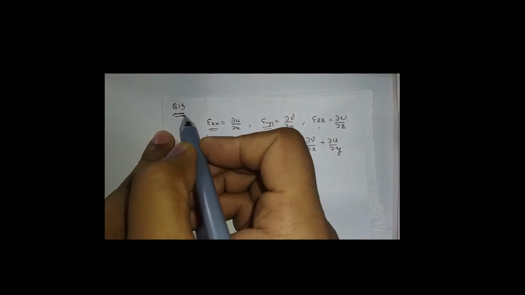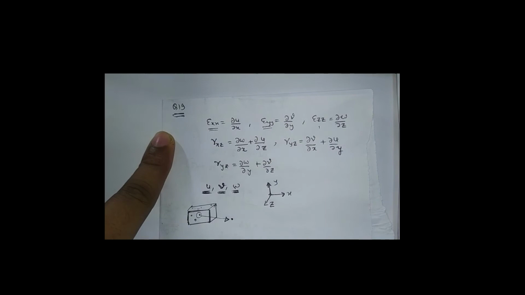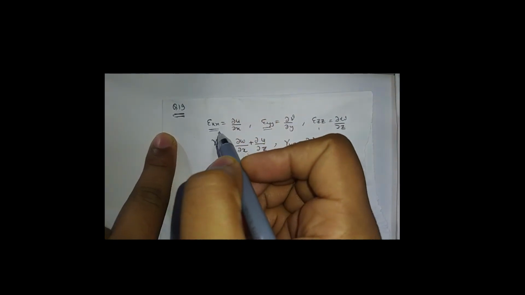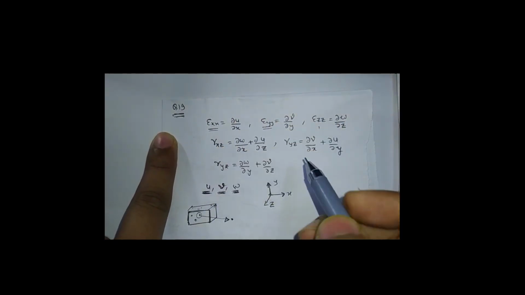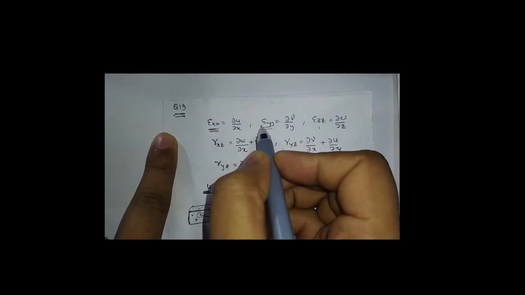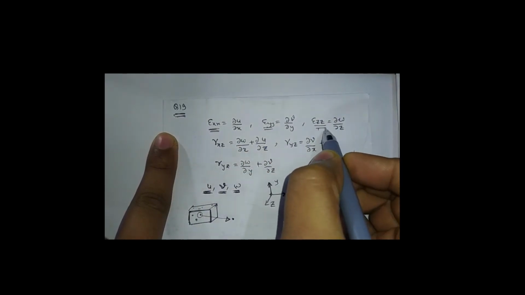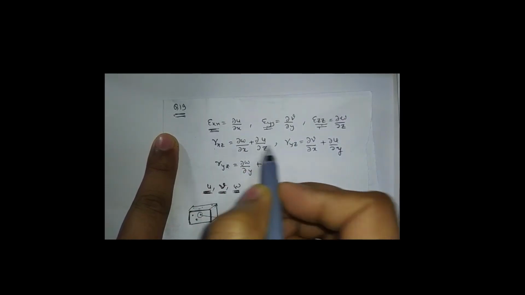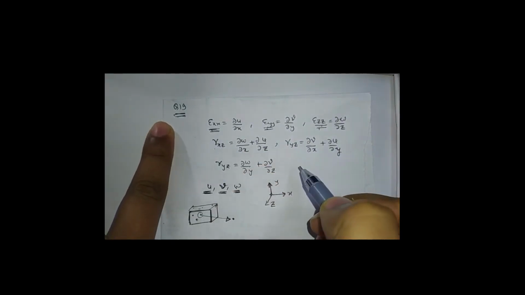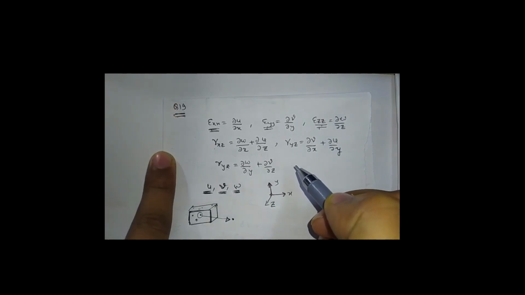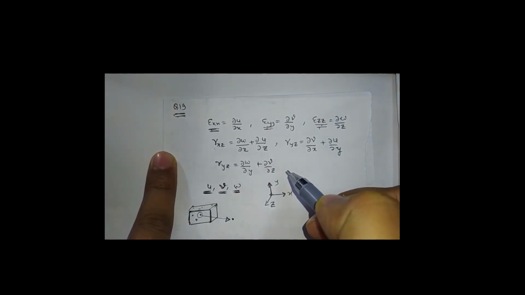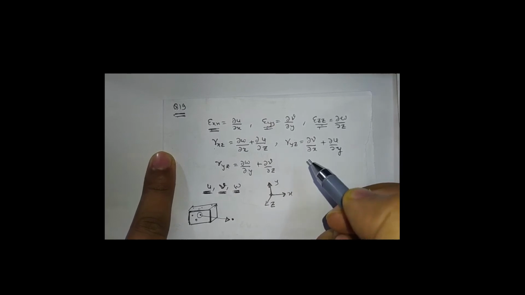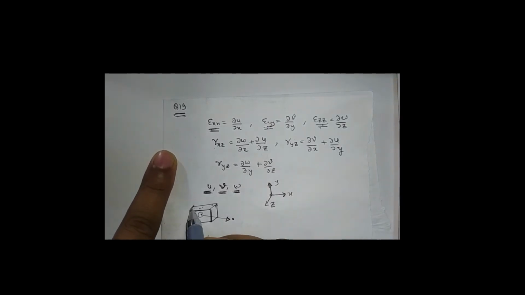Question number 19. The compatibility condition in theory of elasticity ensures that these six strain components, these are the normal strains and these are the shear strains. These six strain equations are derived by using the compatibility equation, by assuming only that the body is deformable and there are no voids.